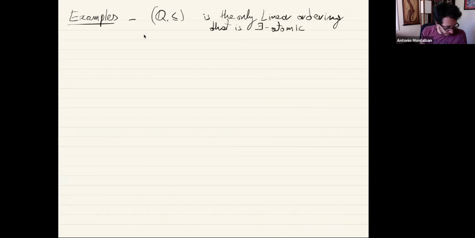The proof of this, you can look it up in the textbook in part 1. It's half a page. It requires a little trick.